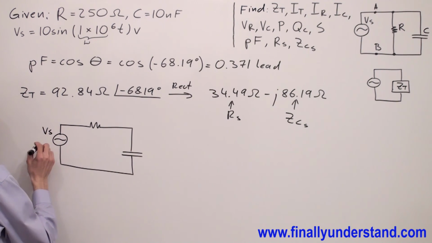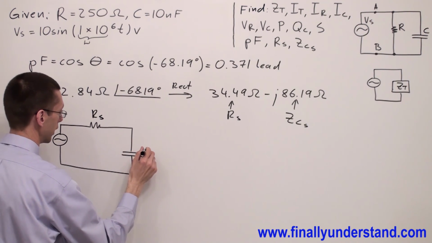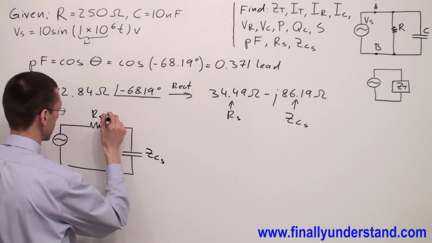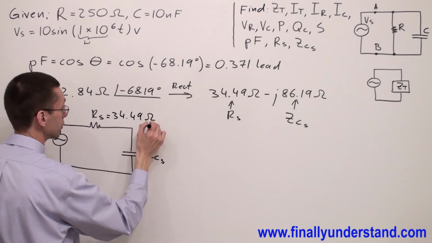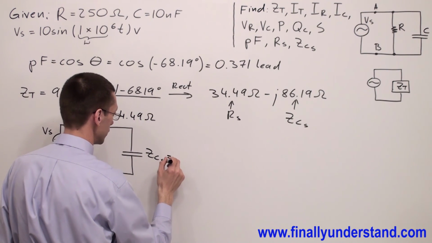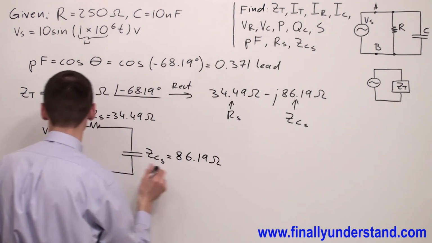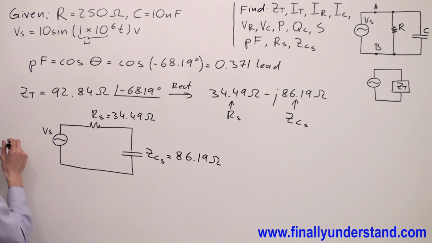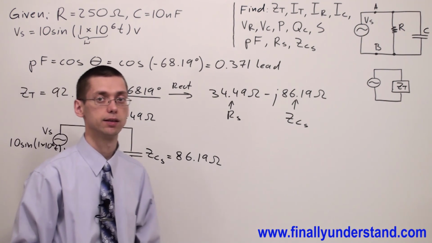So this is my voltage source, and this is my RS, and this is my ZCS, where RS is equal to 34.49 ohms, and ZCS is equal to 86.19 ohms, and the voltage source is equal to 10 sin(1×10^6 t) volts. Okay, so at this moment I can say that the problem is solved.